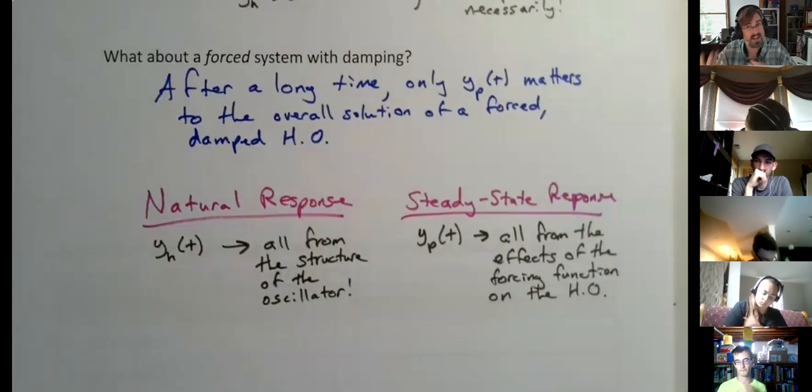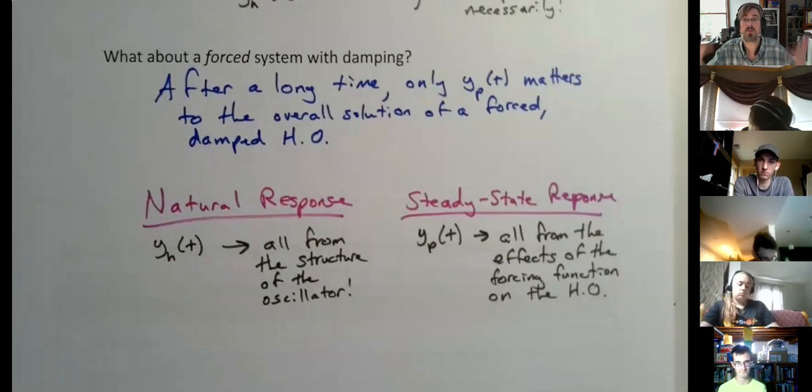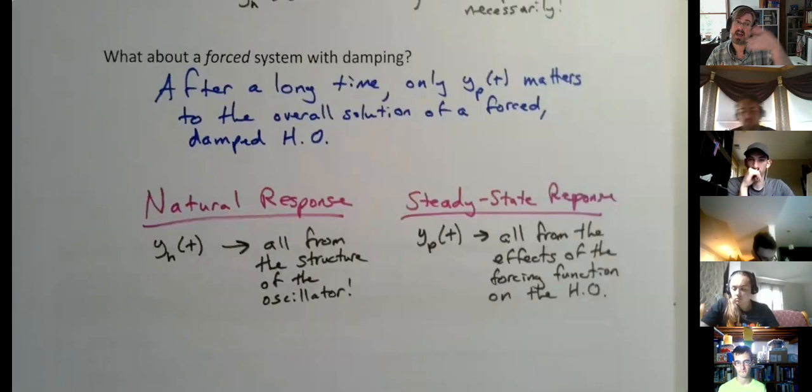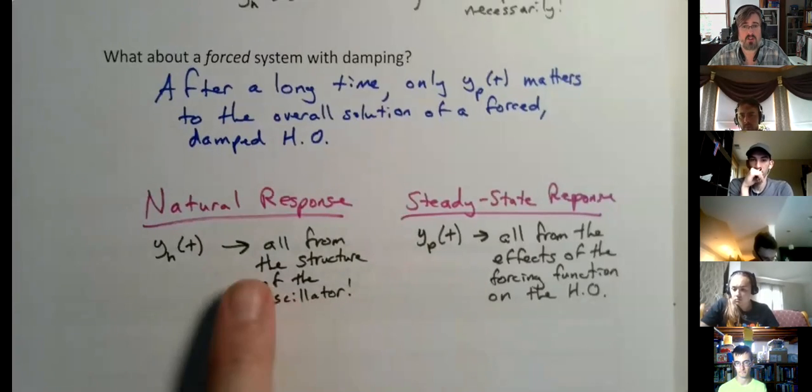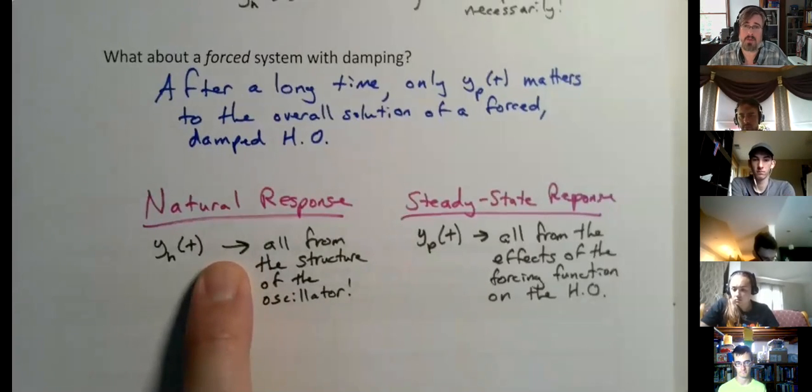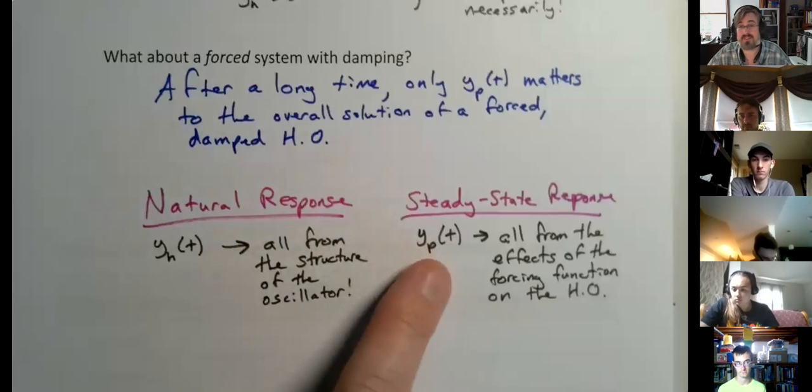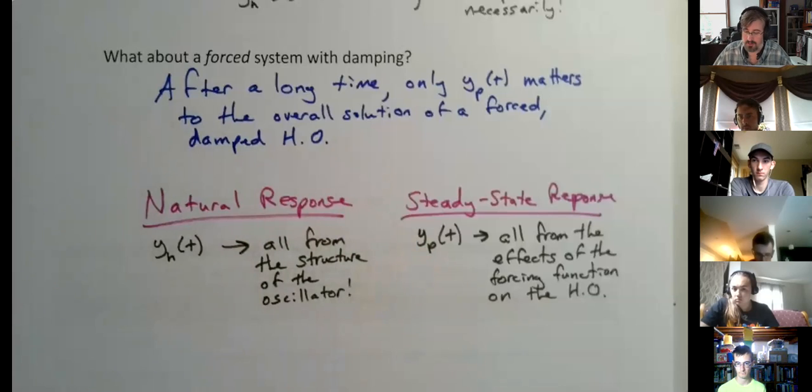So depending on the forcing function that you use, is it periodic? Is it increasing over time? Is it a steady, just a constant force? Depending on what that is, but also depending on how it affects the harmonic oscillator itself, that's going to determine what your y sub p is. So the natural response, all you need to know about is the harmonic oscillator. This one's a little bit more complicated because you have to know about the harmonic oscillator, but you also have to know what's the forcing function, what's going on, what's happening external to that.